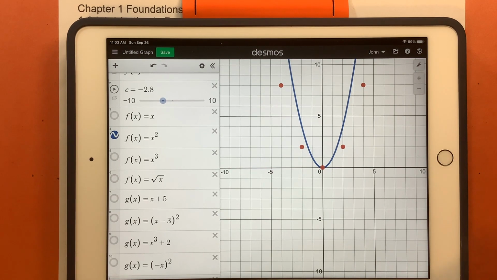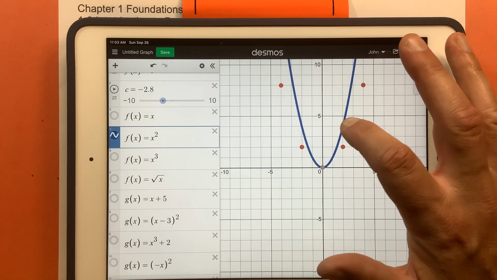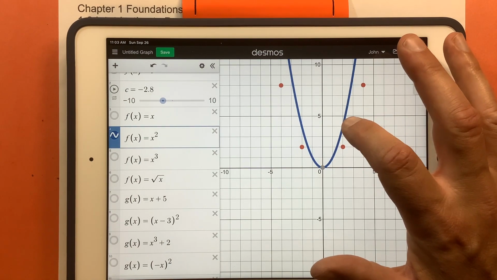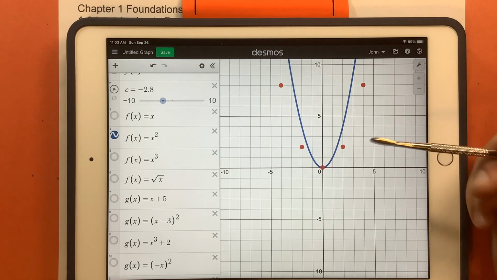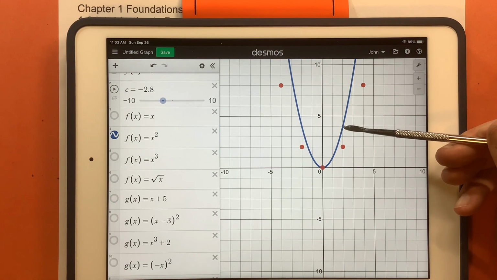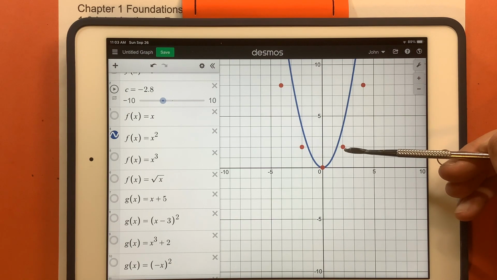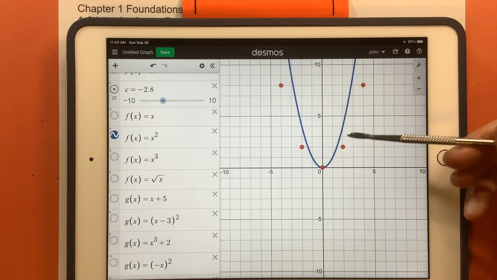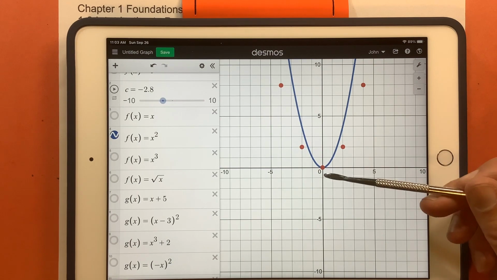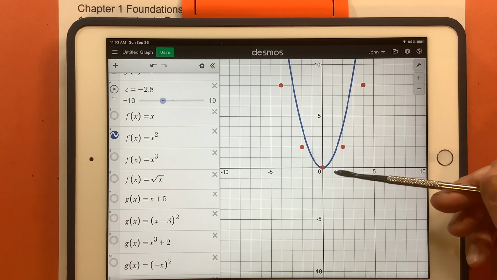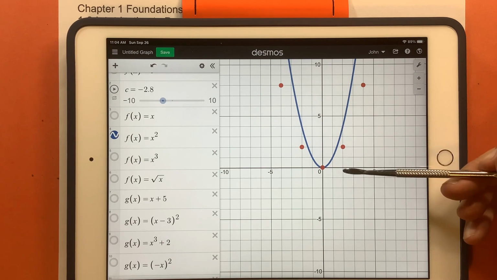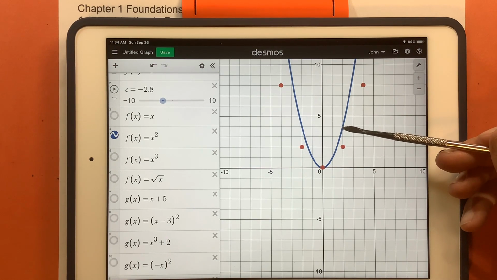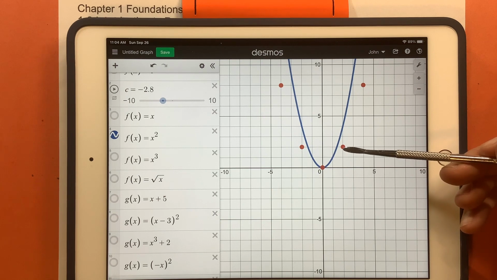Also notice that this point right here got moved down to here. And I know what quadratics are. This is x to the second power. So 1 to the second power is 1, and 2 to the second power is 4, and then I found half of it.